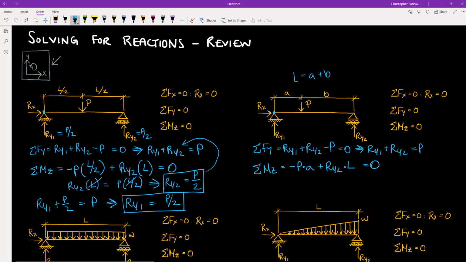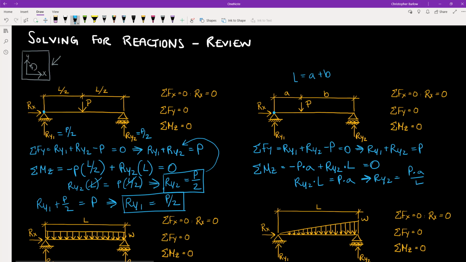And here we apply simple algebra. Ry2 times L is equal to P times a, and we get that Ry2 is equal to P times a over L.